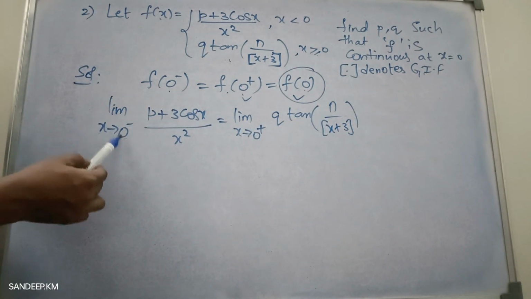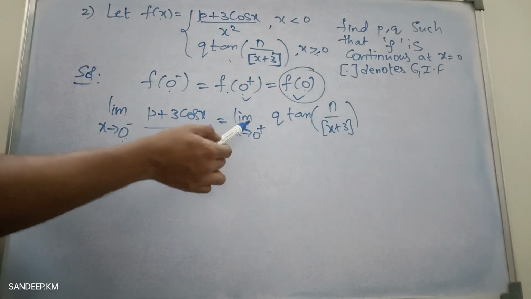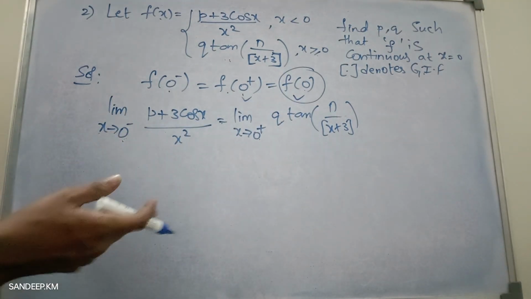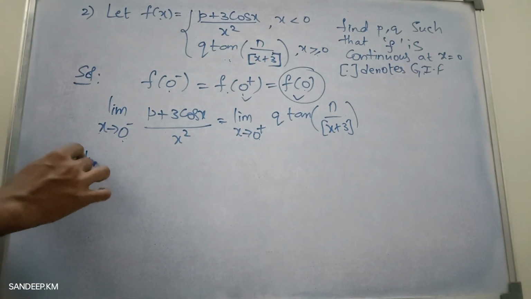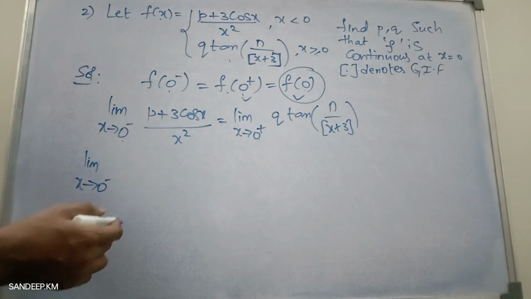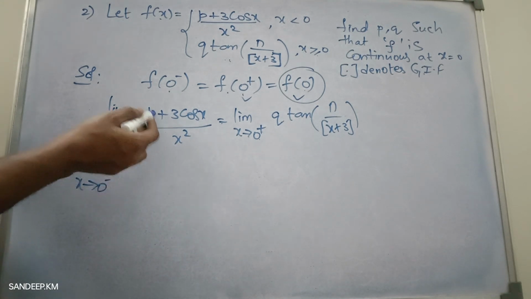So limit x approaches 0 minus f of x is equal to limit x approaches 0 plus f of x. Now from here the solution will be easy. So dear students, let me use the expansions. You can also use L'Hospital's rule to answer this question, but I am using expansions.